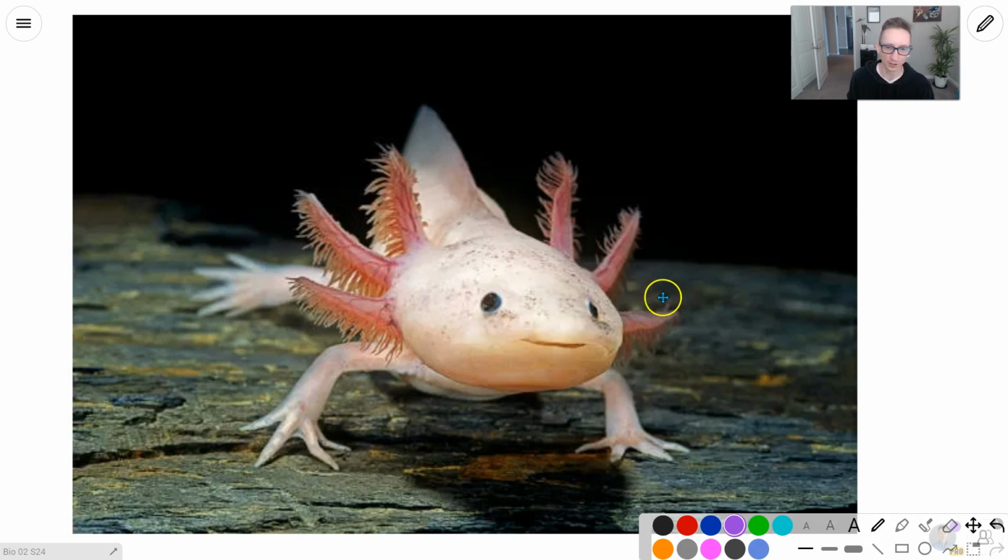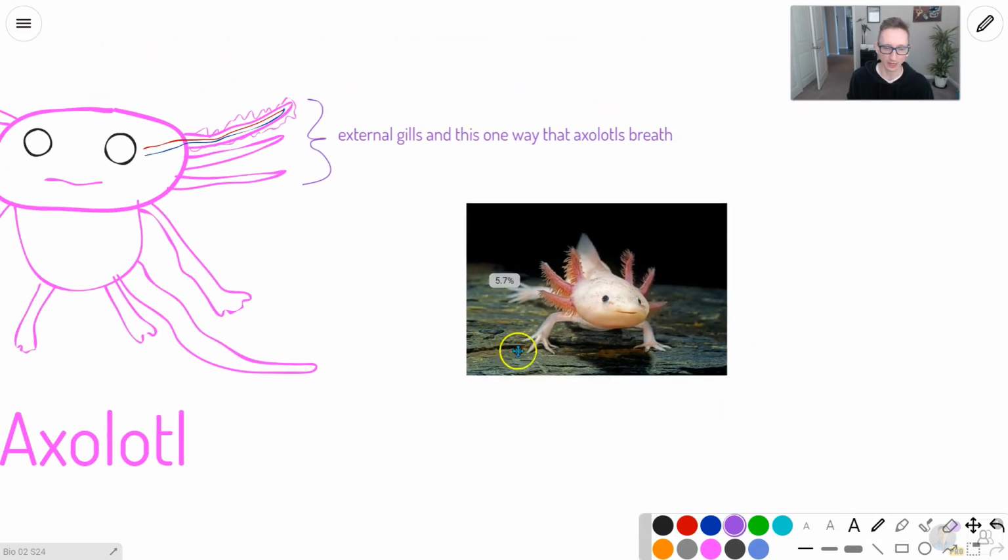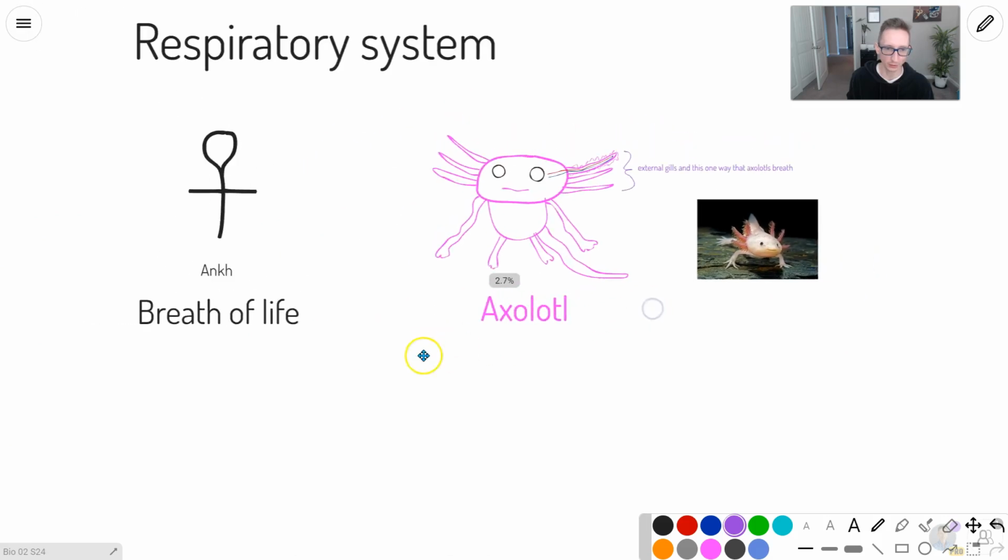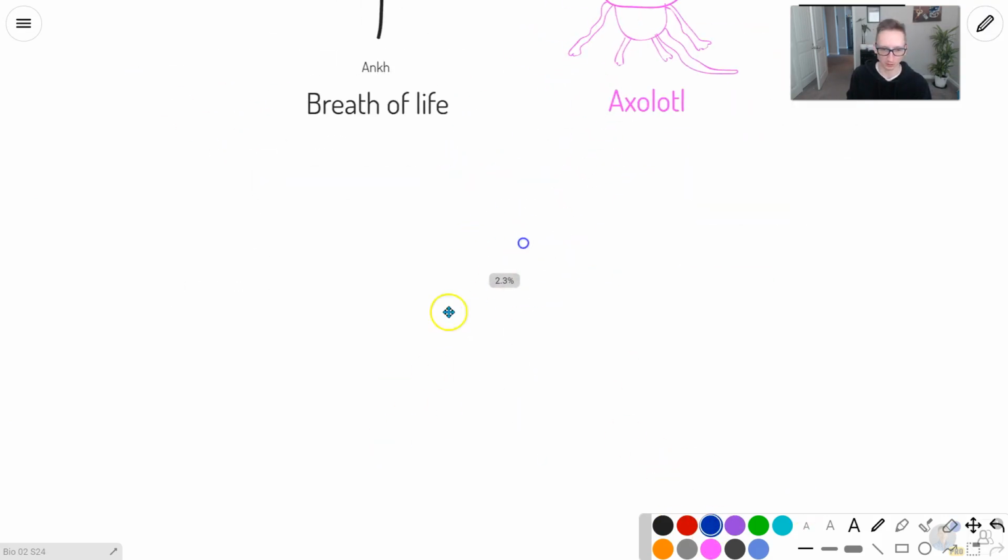So we do this whole thing too, and salamanders do this. The Egyptians were fascinated by this. We've also already talked about respiration. I don't know if you remember this, but we talked about it with this little guy that looks something like this.